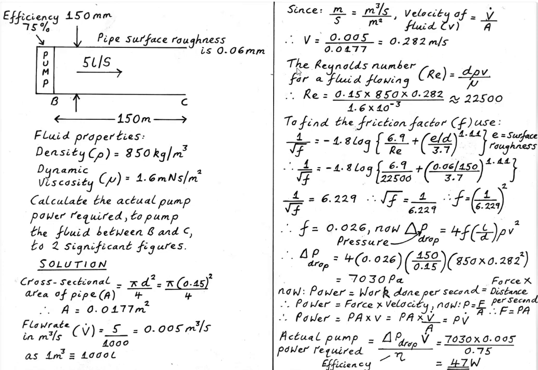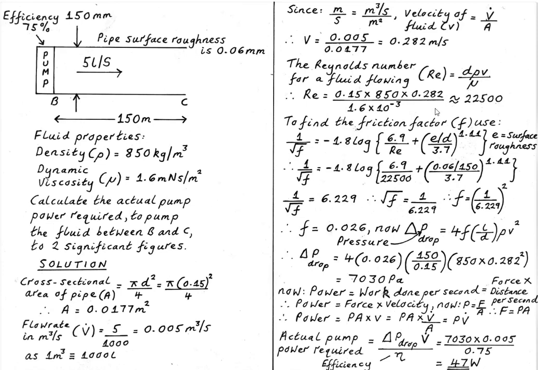The next step would be to find the Reynolds number. This is denoted by capital RE and is given by this equation here, where D is the diameter of the pipe, rho is the density of the fluid, v is the velocity of the fluid, and mu the dynamic viscosity of the fluid.